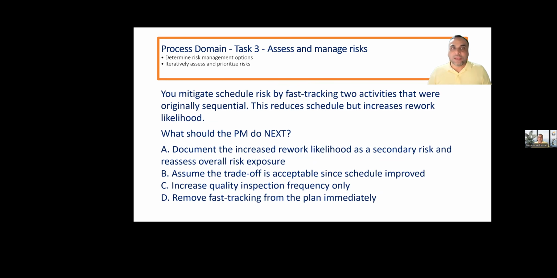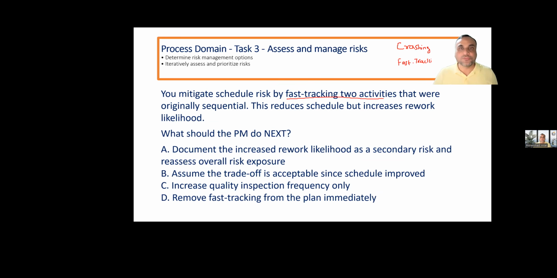You mitigate schedule risk by fast tracking two activities. Wait. You mitigate schedule risk by fast tracking two activities. What is fast tracking? Schedule compression techniques. So we have two schedule compression techniques, crashing and fast tracking.